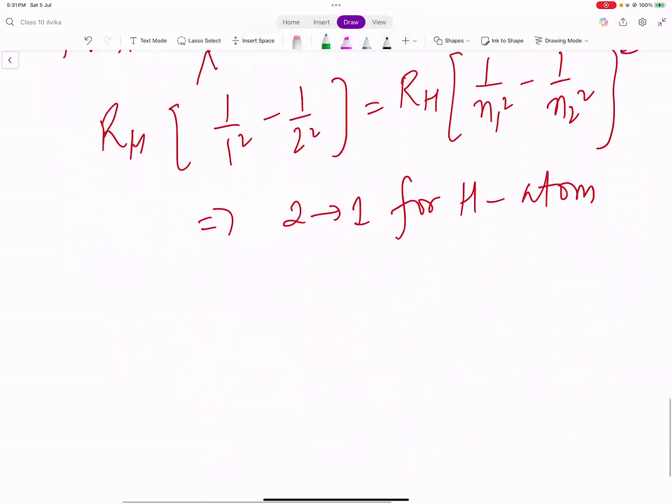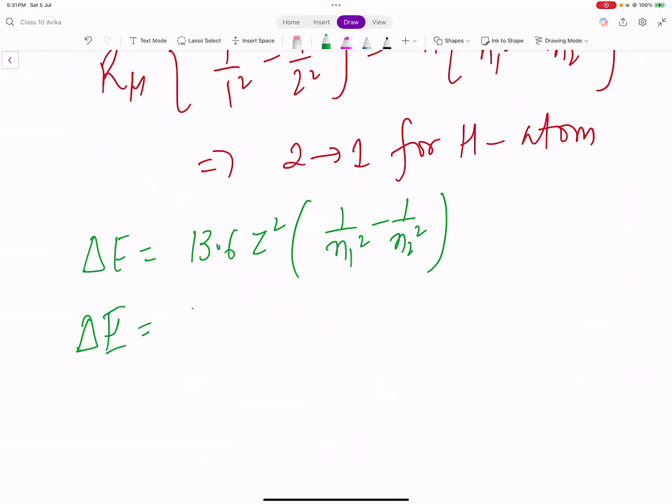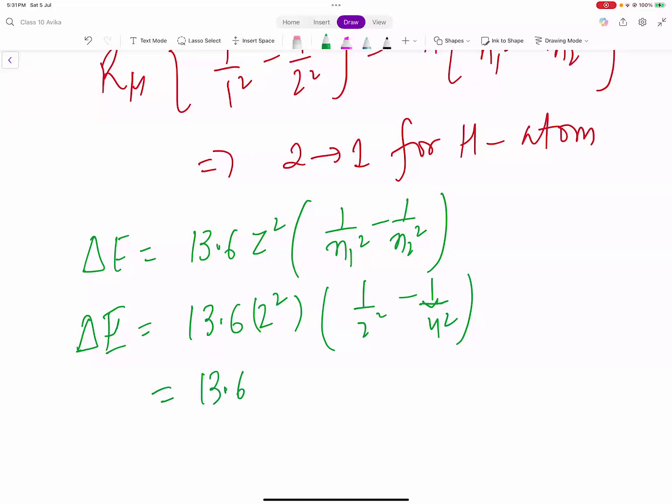Delta E in this case will be 13.6 Z square into 1 by N1 square minus 1 by N2 square. So for helium plus, delta E will be equal to 13.6 into 2 square into 1 by 2 square minus 1 by 4 square. And this will be equal to 13.6 into 1 by 1 square minus 1 by 2 square.